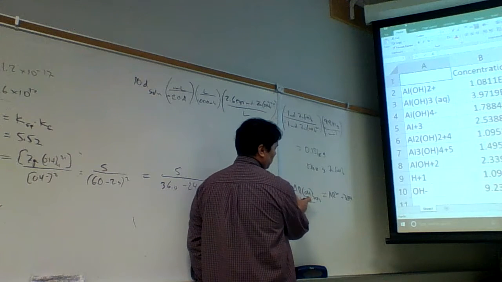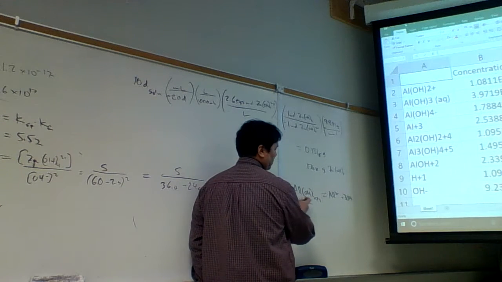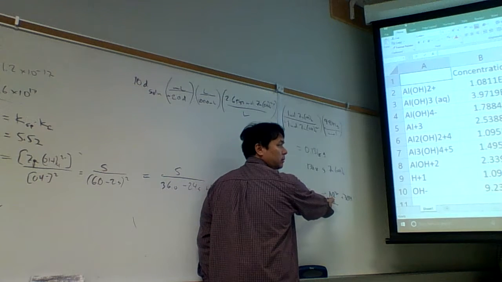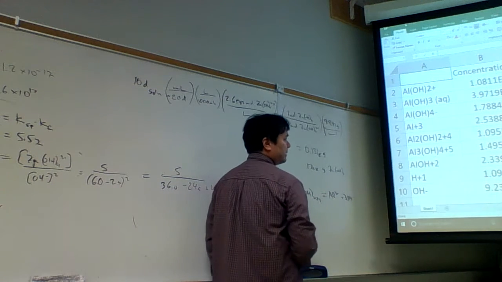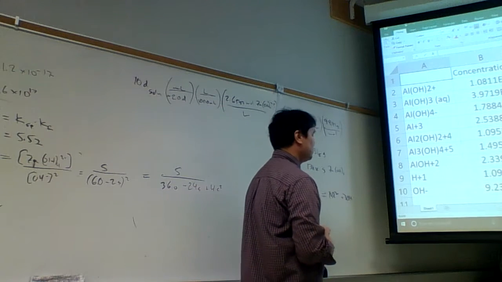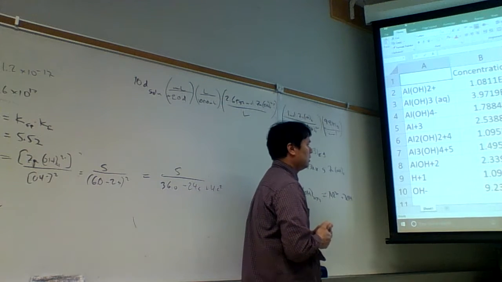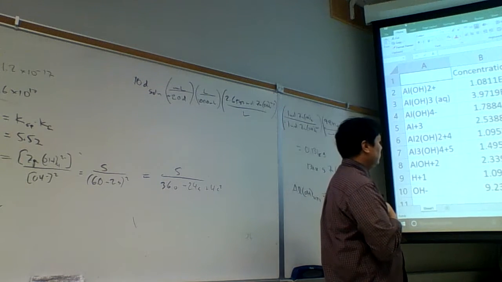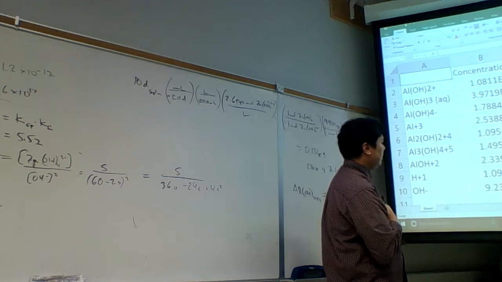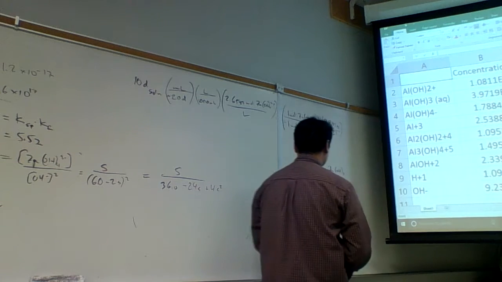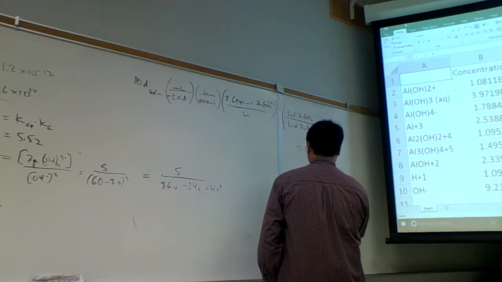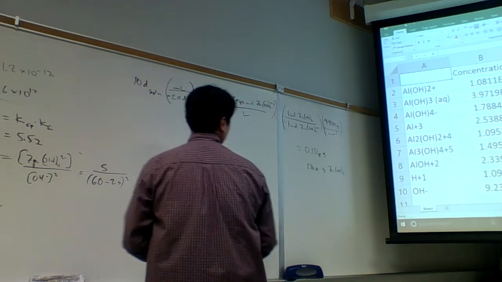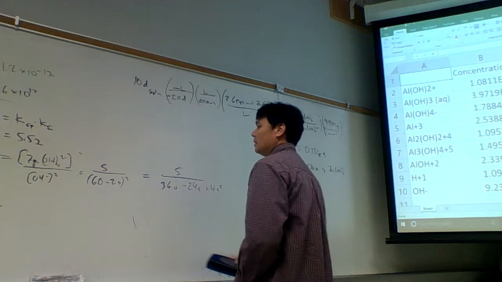And so for every mole of aluminum hydroxide that dissolves, I'll form 1 mole of aluminum 3+. But is that the case? No, it's not necessarily the case, because there are other species that occur in the ion pairs, as we saw. And so what happens is we have differences in solubility. And so what we did was, let's take a look. This is going to be another side topic here. Do that over here.